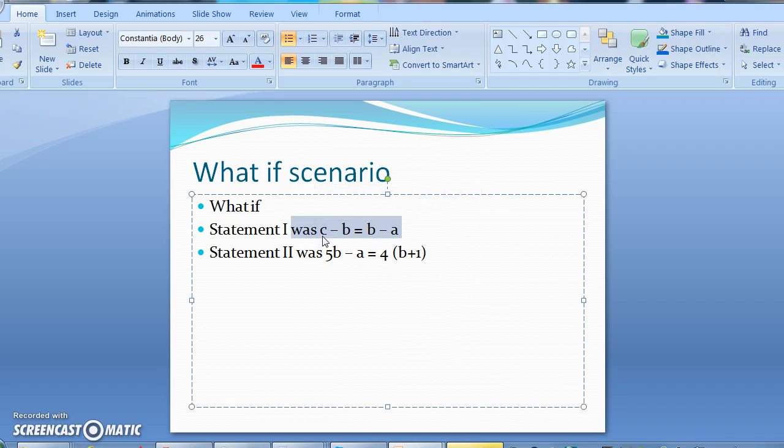Does it tell me anything about the SD? Well, it does tell me that the difference between C and B is the same as the difference between B and A, and therefore A, B and C are equidistant as in the previous one. But the only problem is we don't know what those deviations are, so we won't be able to compare with the original question. But if I combine these two statements, statement 1 again tells us that the deviations are the same.